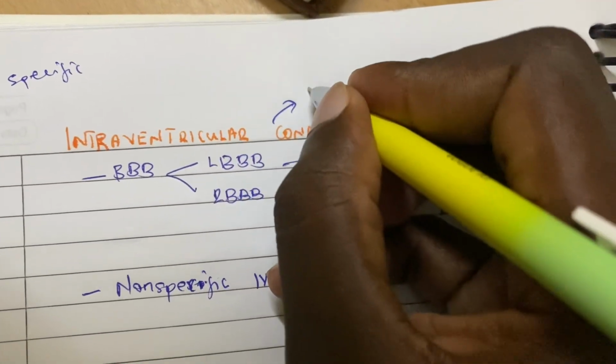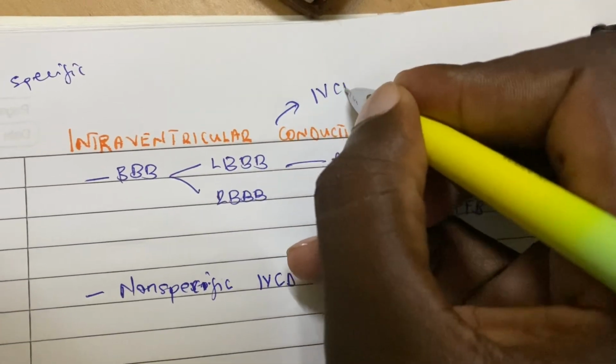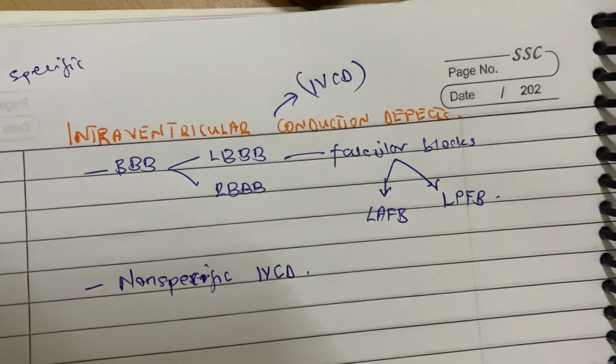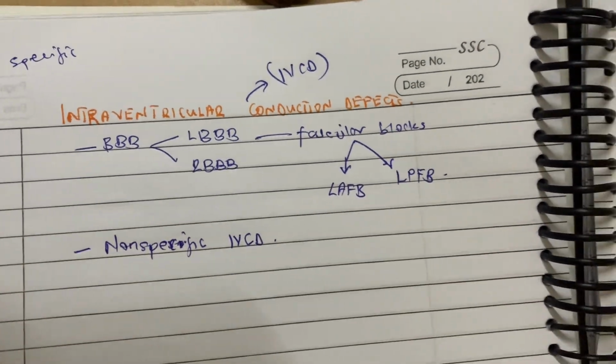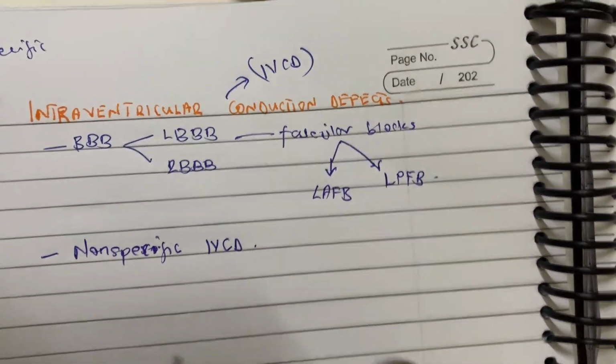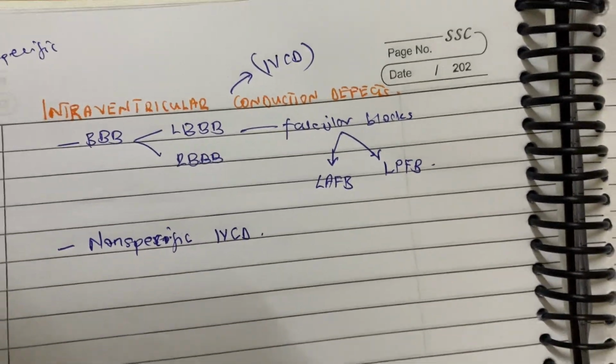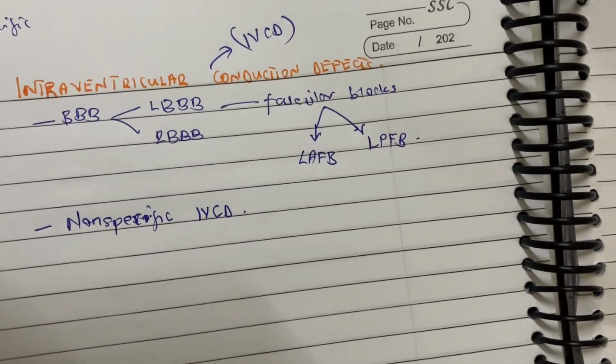This one can be written as IVCD. That one, non-specific intraventricular conduction defects. So from here, we are going to look at them one by one. In bundle branch blocks, we have left bundle branch and then right bundle branch.